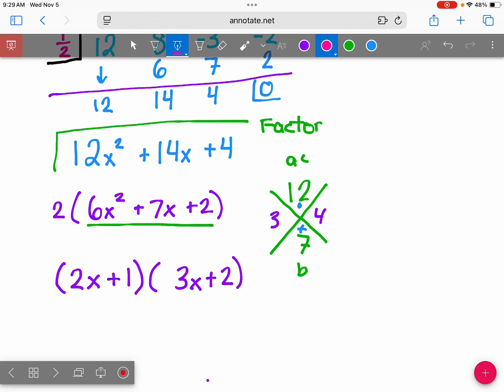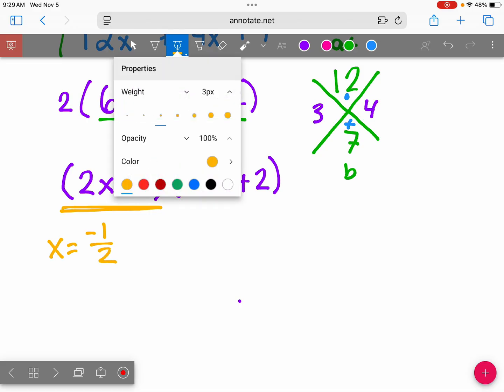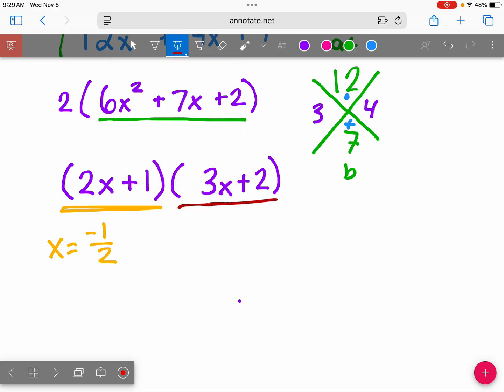This is how we can find our remaining roots, solutions, zeros. What is the root for this piece? Negative 1/2. What is the root for this piece?